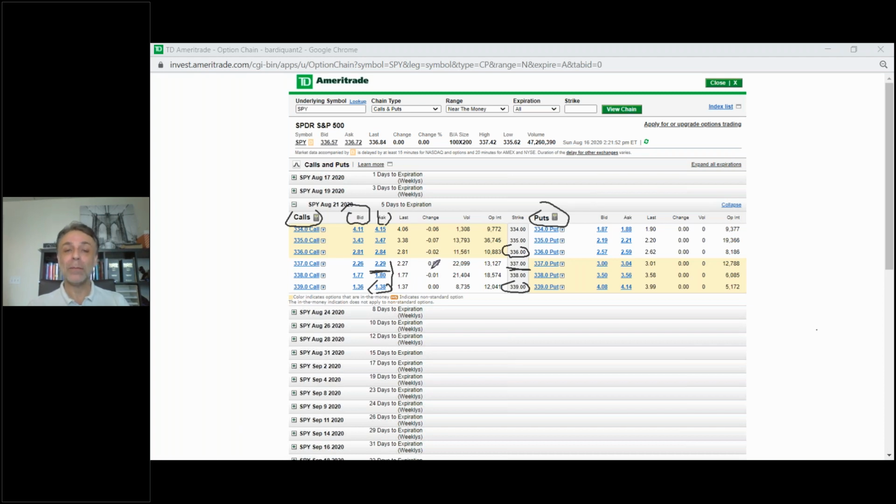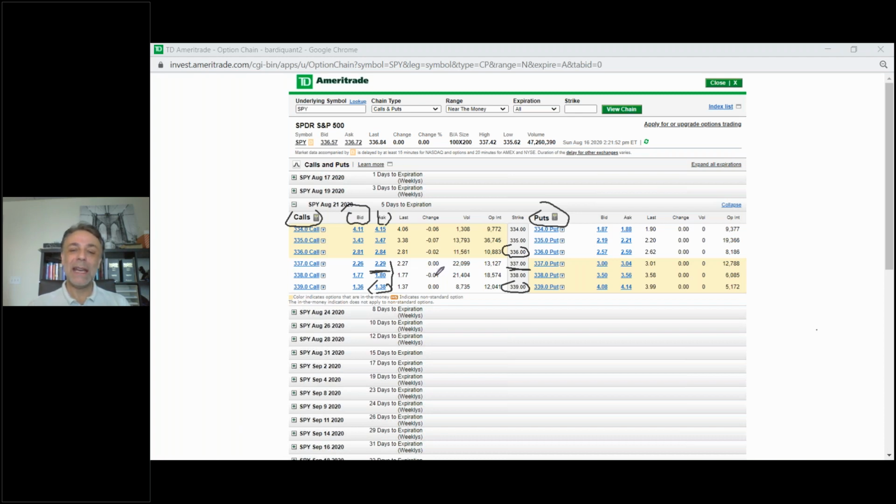They just want to make sure that you know what you're doing, since options are a little more complex than going long a security or even shorting a security. Once you're approved, you have the ability to buy and sell options.